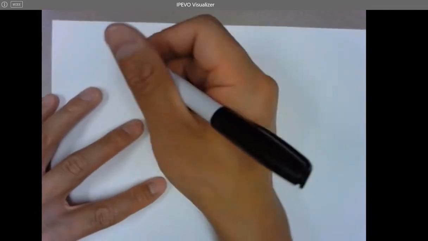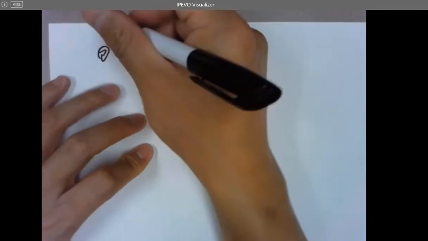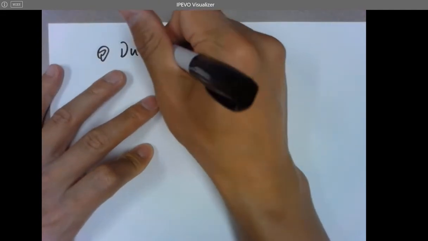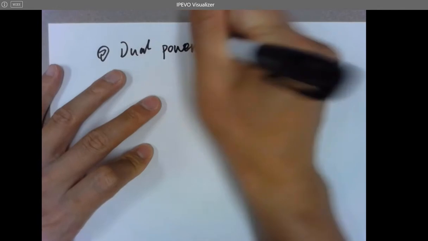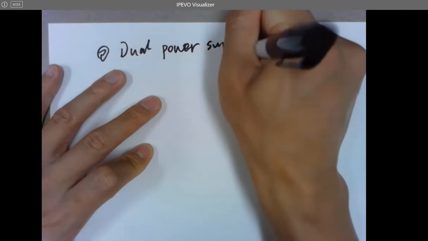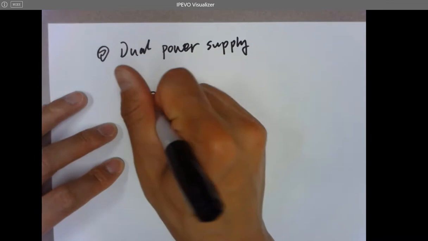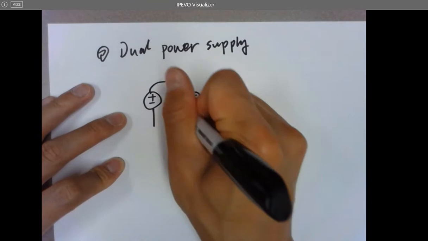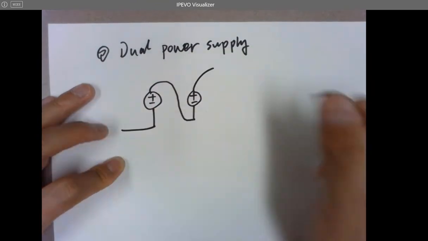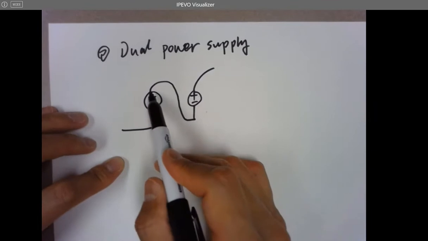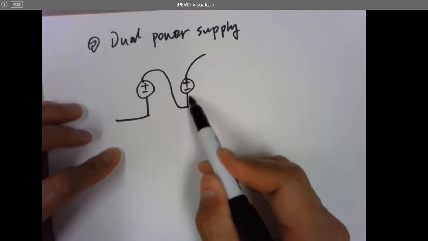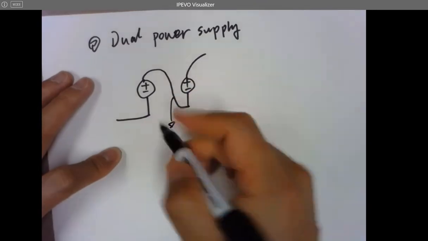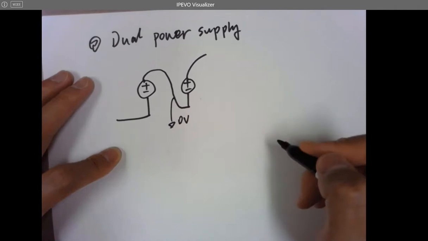So the seventh concept is called dual power supply. So it looks like this. If I use a wire to connect the anode of one battery to the cathode of another battery, I'm going to form something like this, and I will ground this pin, so this will be 0 volts, right?